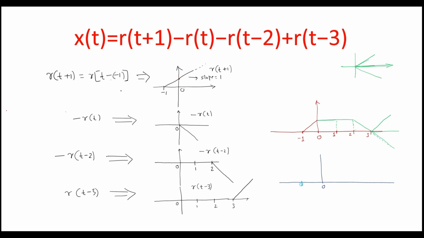So therefore now I can draw, this is 0, say this is minus 1, this is plus 1, plus 2 and plus 3. So we can get the waveform: minus 1 to 0, it is a ramp signal. Then from 0 to 2 it is constant.